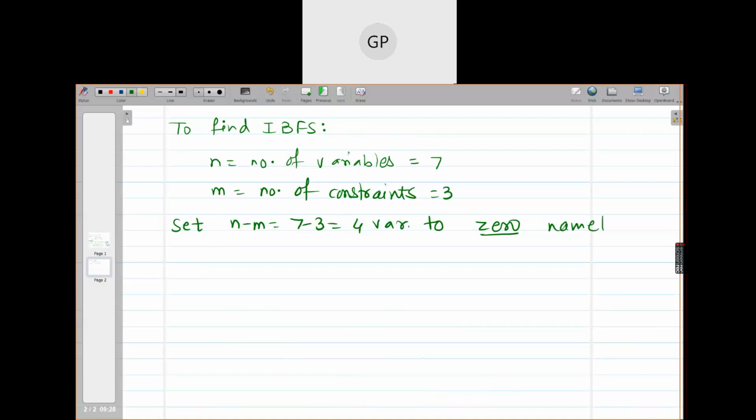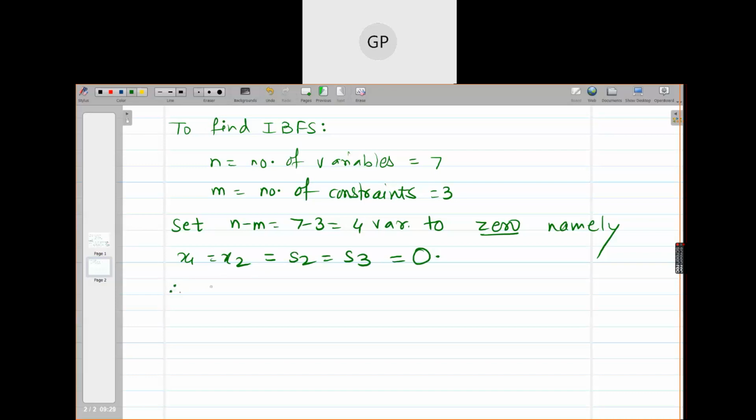Which variables will you set equal to 0? x1, x2, s2 and s3. The variables which will create problems regarding non-negativity should be set to 0. So surplus variables we always set to 0 if they are there in the standard form, otherwise only decision variables.